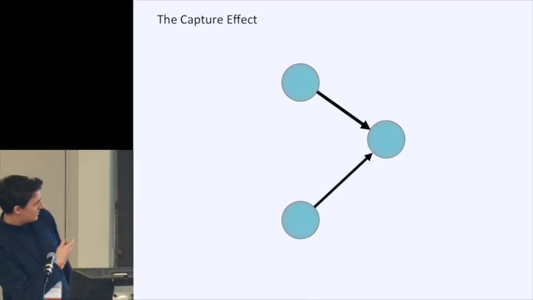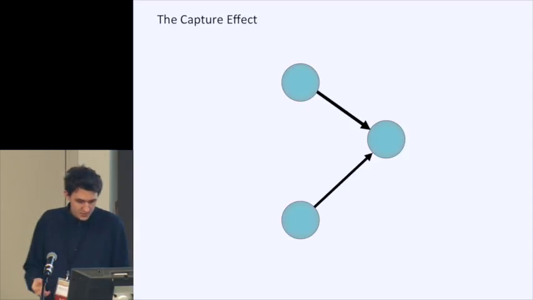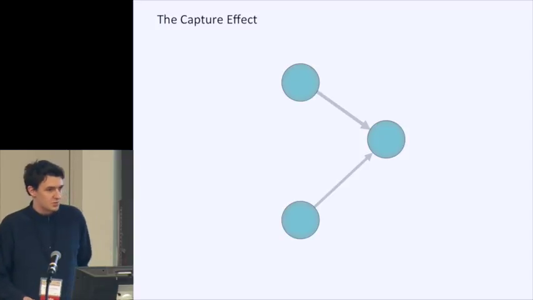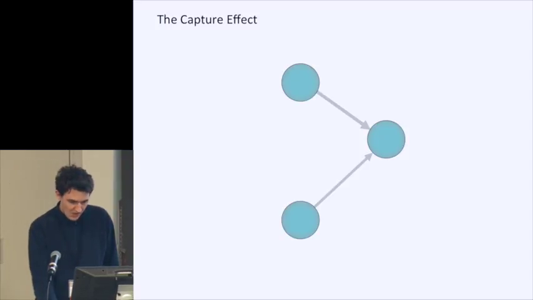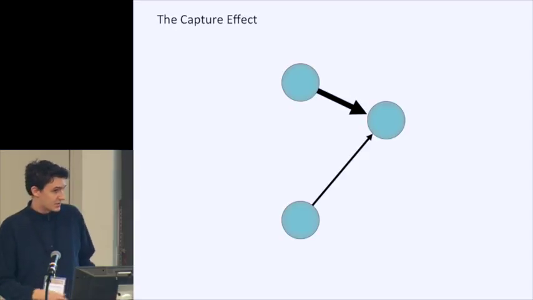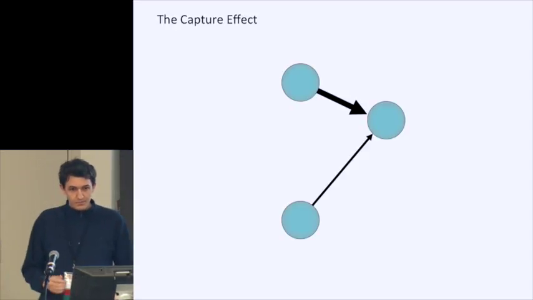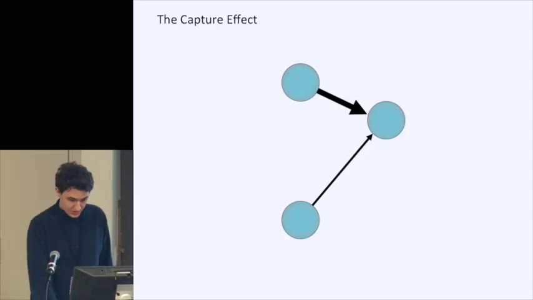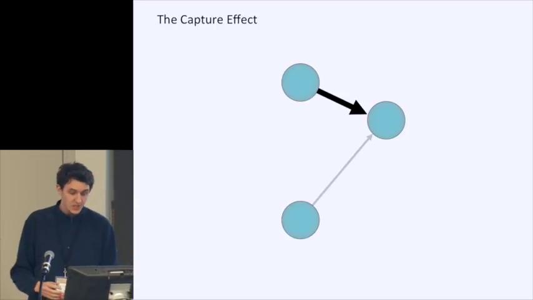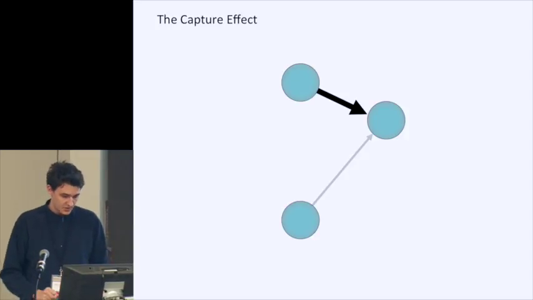So in this case, these two nodes would be roughly the same distance from the receiving node, and probably both transmissions would get lost. However, if one node is closer to the receiving node and it has a much better link, this will cause the stronger packet to be received without a flaw, and completely ignoring the signal from the weaker link.